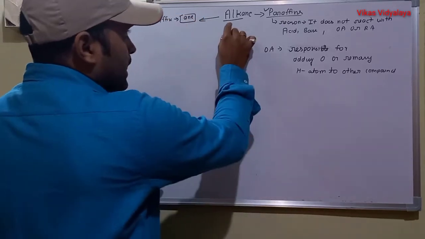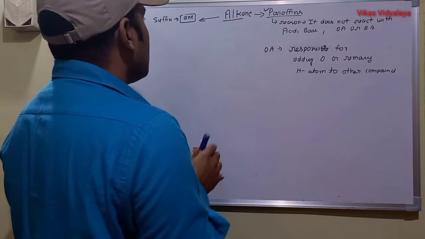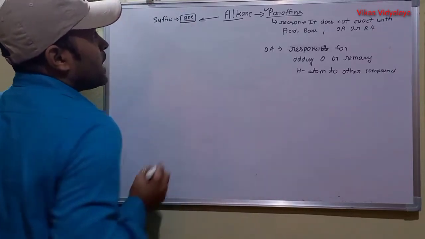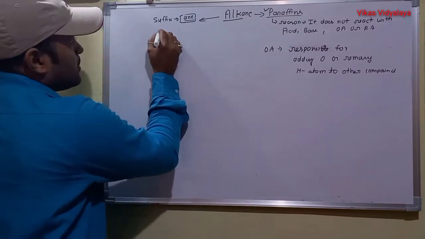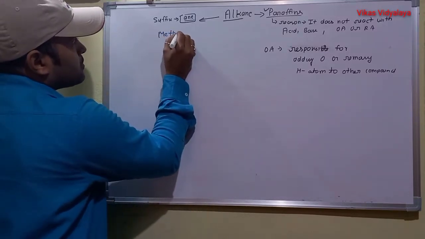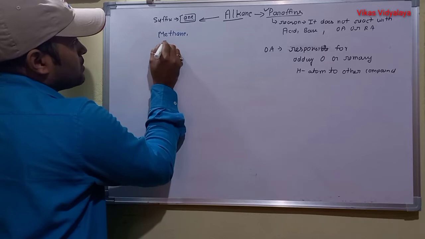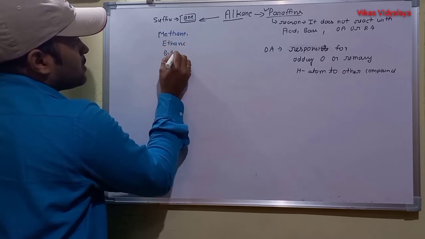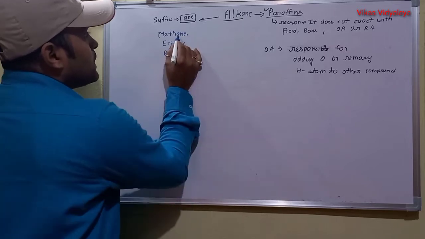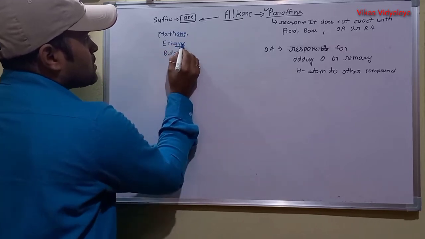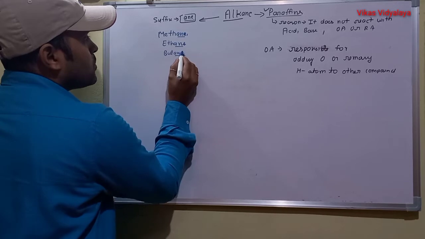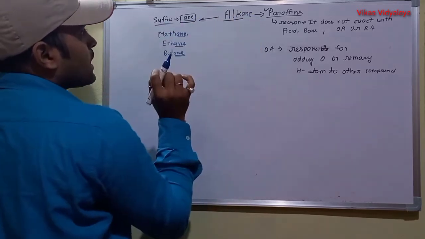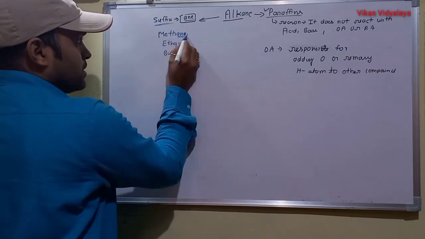Alkane is a group of hydrocarbon in which all the members have names ending with ane, like methane, ethane, butane, propane. Here the last word is ane, and the last word is known as the suffix. So all the members of alkane have the suffix ane.